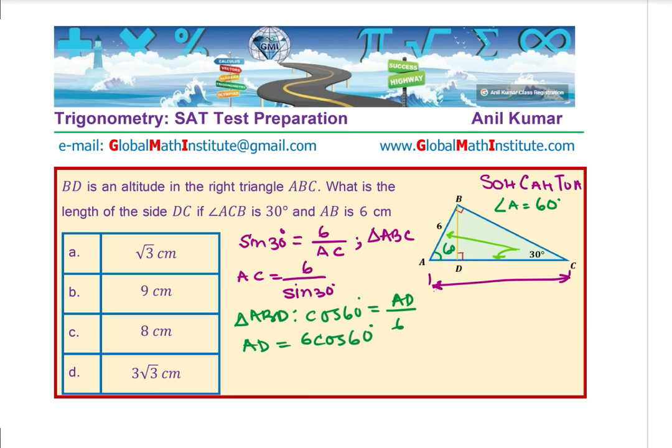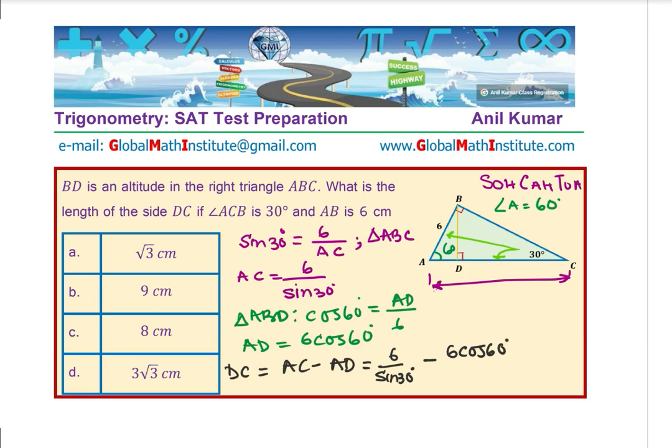Perfect. So now we can find the side required, which is DC, and DC is equal to AC minus AD. That is equal to 6 over sine 30 minus 6 cos 60.